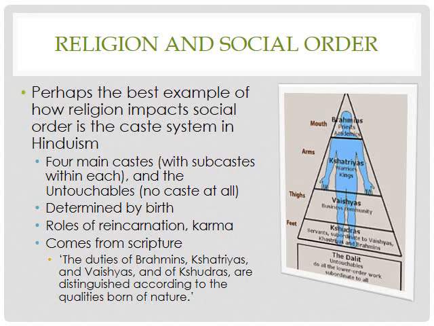Now, in order to really understand the caste system and its impact upon social order, not just in Hinduism but in India, we have to remember the roles of reincarnation and karma. The best way to think about karma is you have a pond that is very still, and in the middle of that pond you drop a pebble, and then the ripples go outwards.